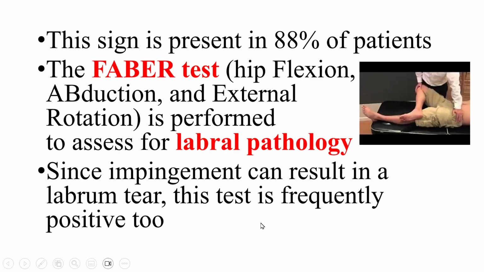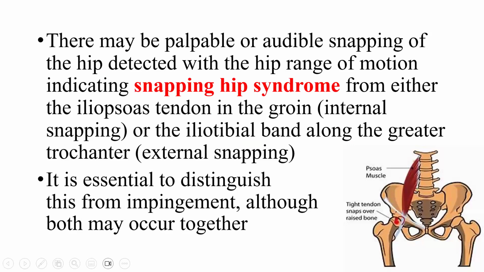There may be palpable or audible snapping of the hip, which is detected with the hip range of motion, and this indicates a snapping hip syndrome from either the iliopsoas tendon in the groin, this is an internal snapping, or the iliotibial band along the greater trochanter, and this is the external snapping sign. It is essential to distinguish this from impingement, although both may occur together.